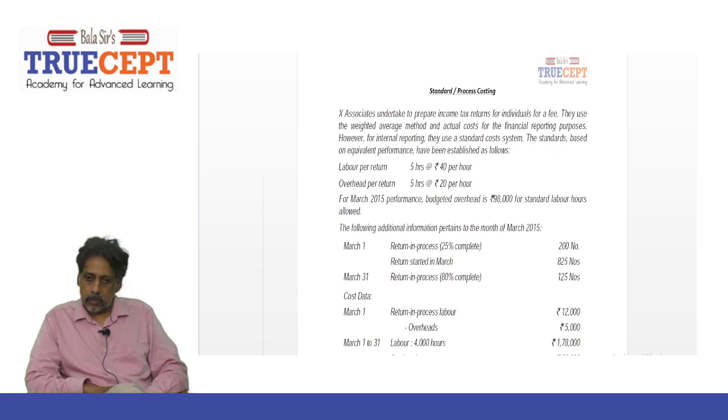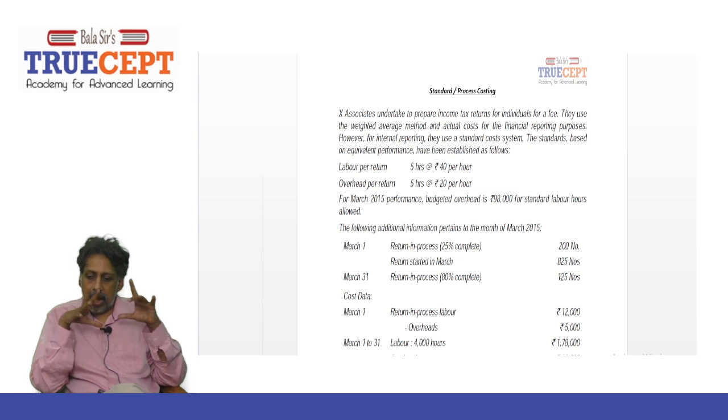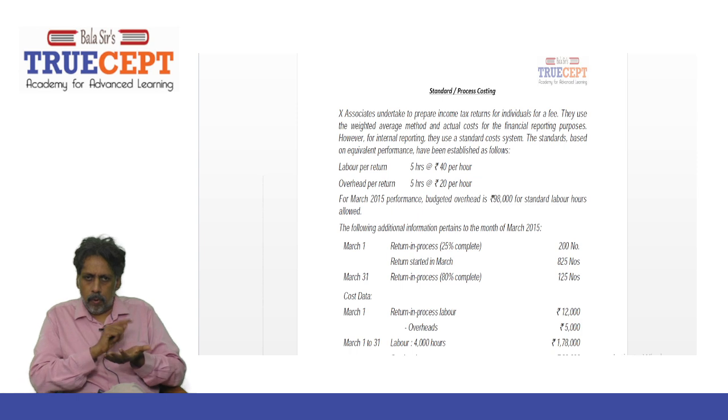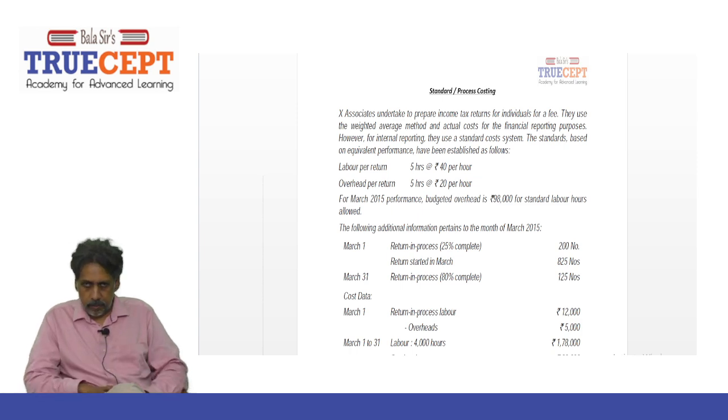The standards based on equivalent performance have been established as follows. Labor per return: 5 hours at rupees 40 per hour. Overhead per return: 5 hours at rupees 20 per hour. So basically, given the standard cost of labor and overheads in filing one income tax return, it is 5 hours of labor time and the standard wage rate is rupees 40 per hour.